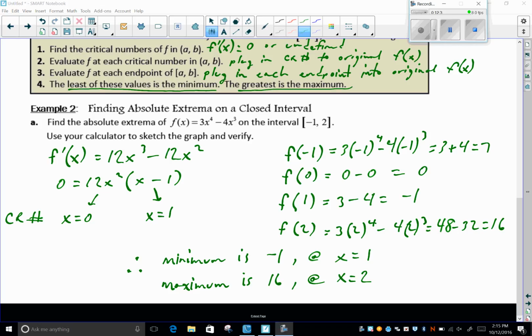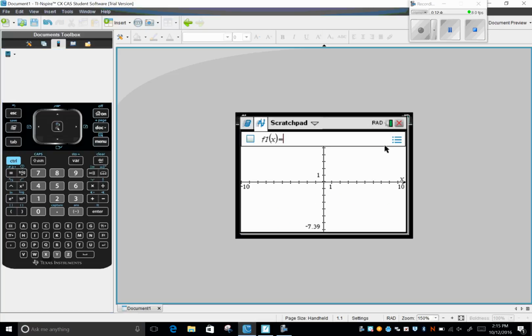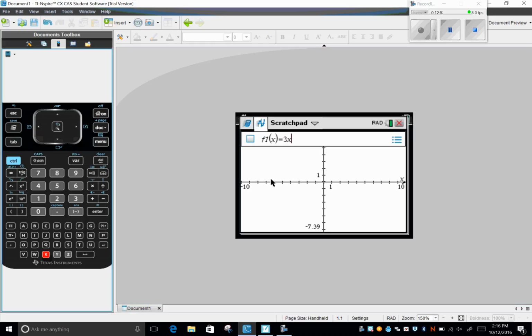All right, so now we're going to use the calculator to verify this. So I'm going to bring up my Inspire and put 3x to the 4th minus 4x cubed in it. All right, so we got our graph here, and then we're going to type in 3x raised to the 4th minus 4x raised to the 3rd.